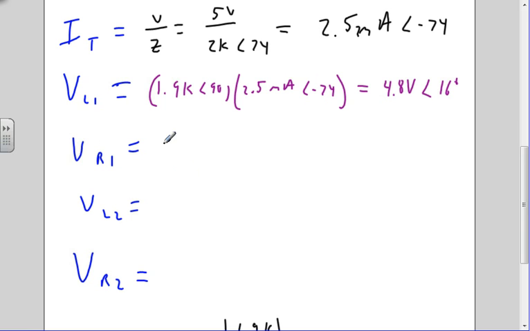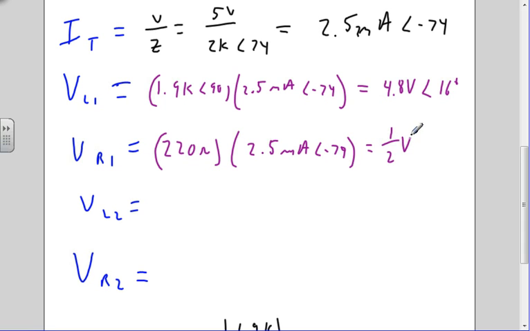Voltage across resistor 1, 220 ohms, 2.5 milliamps, angle minus 74. Times 0.0025. Boom. 1/2 volt, angle minus 74.